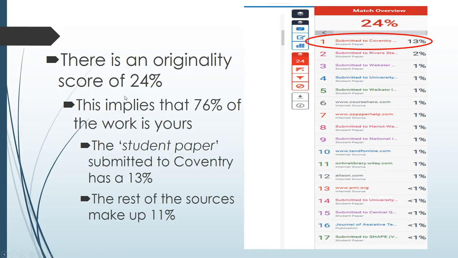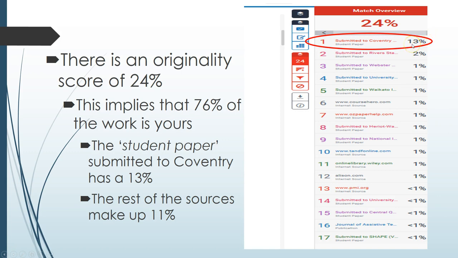So when you now move further down, like I was explaining earlier, an originality of 24%, actually what it implies is that only 76% of the work is the student's work, that's original. Okay, the student paper submitted to Coventry University has 13%.